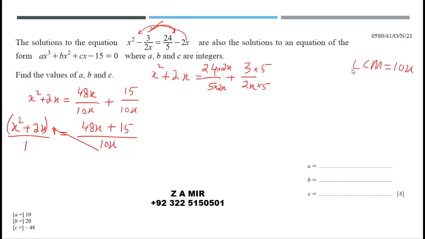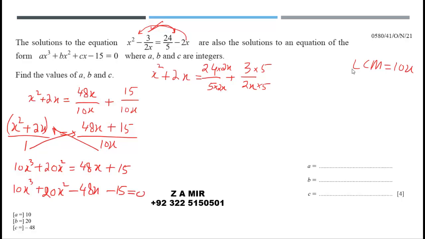So 10x cube, and 10x into 2x is 20x square. 1 will multiply with this, so it will remain the same because multiplication by 1 does not affect it. So now I bring everything over here. So it is 10x cube plus 20x square minus 48x minus 15 equal to 0.